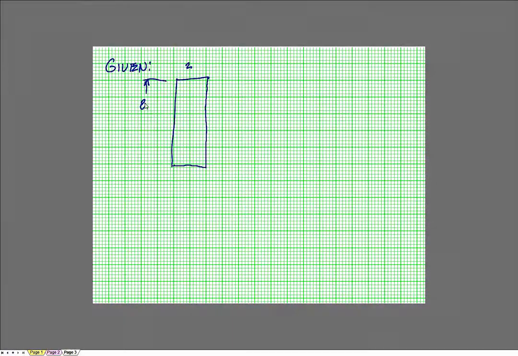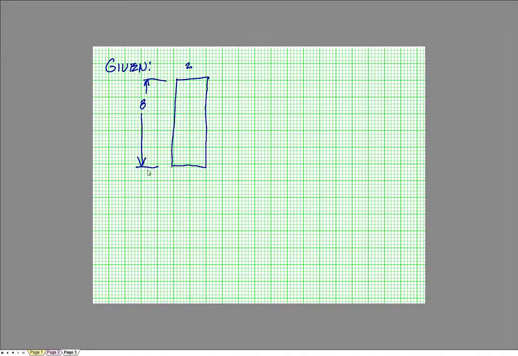So if we were given a rectangular shape, it's 2 inches this way and it is 8 inches in height.